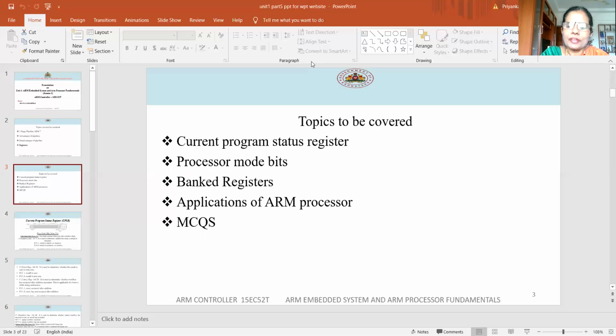Then the different processor modes, and which bits are allocated for different processor modes. Which are the banked registers, and which banked registers each processor mode has. After that we are going to study the applications of our processor, and I am going to solve some multiple choice questions.